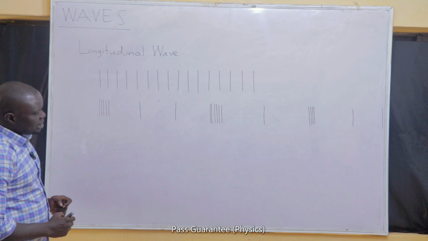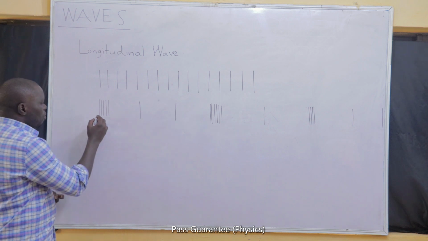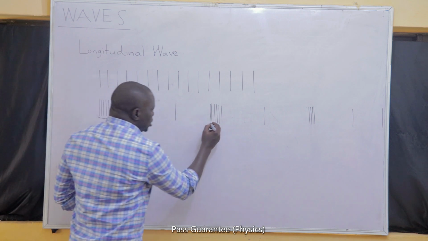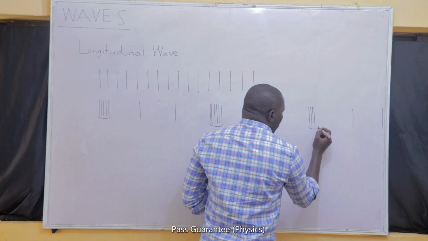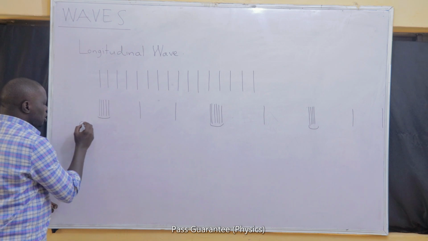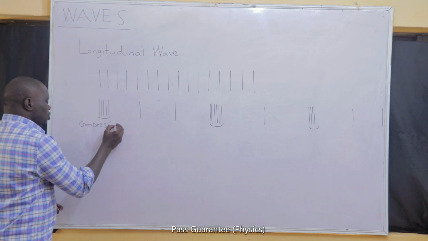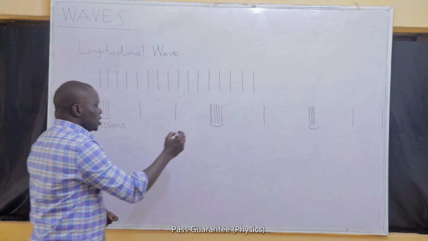If that is the case, then we have two specific regions that we should refer to. Number one are the clustered regions of the wave. Those regions, I'm going to call them compressional regions, regions of compression.